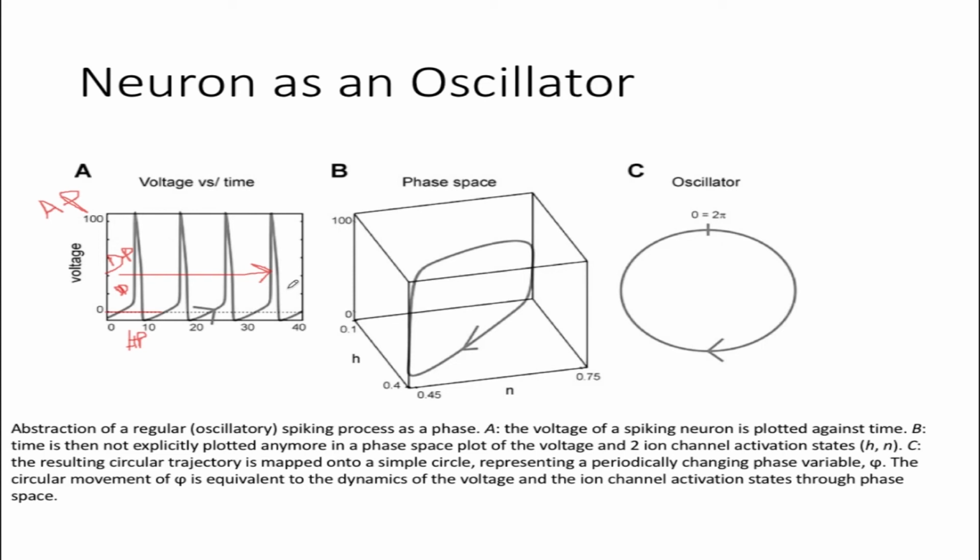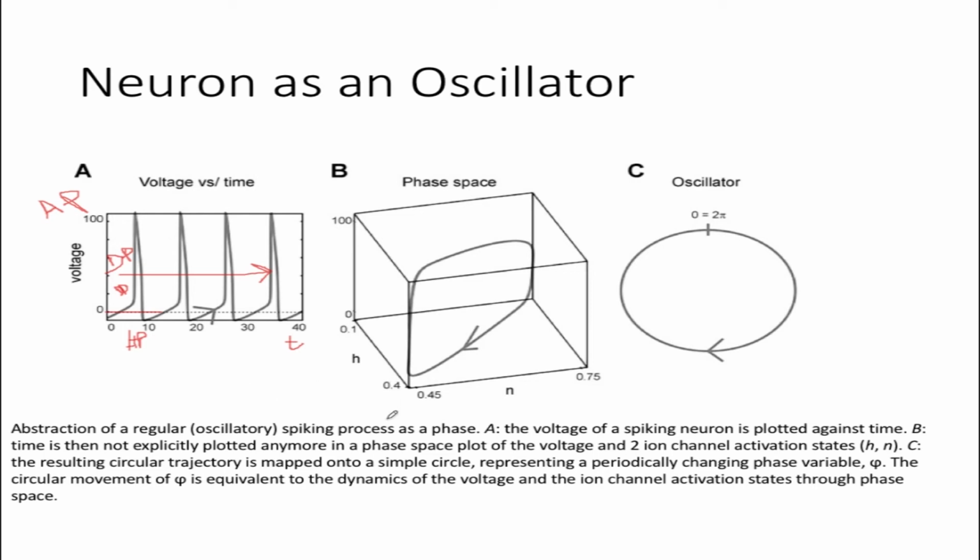Now, this is of course with respect to time, but I would not look into it with respect to time. I would look into it in terms of M, H or N, which represent the different ionic currents. So for example, how the ionic currents are varying as the spiking is happening.